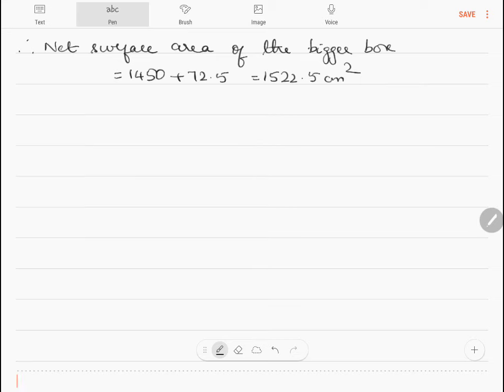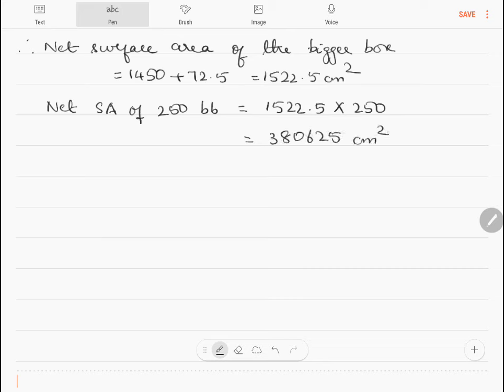Now for 250 boxes we have to find this for a single box. So the net surface area of 250 bigger boxes will be equal to 1522.5 into 250. This is equal to 380625 centimeter square. So now we have to find the cost of cardboard.